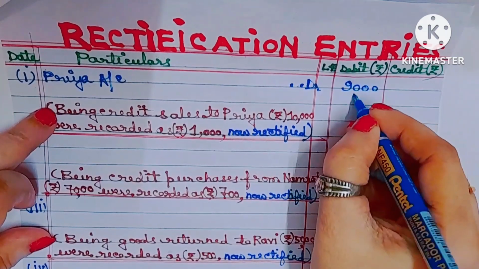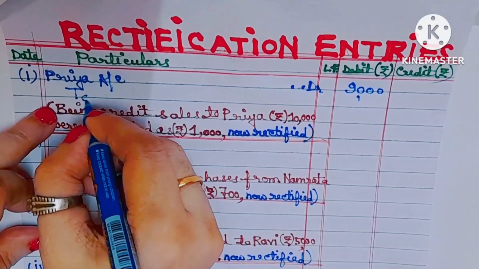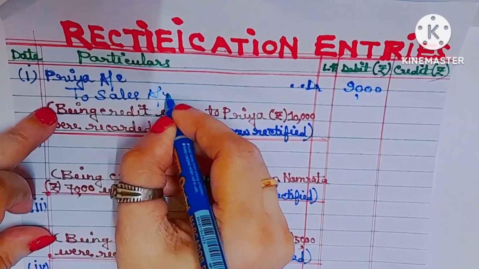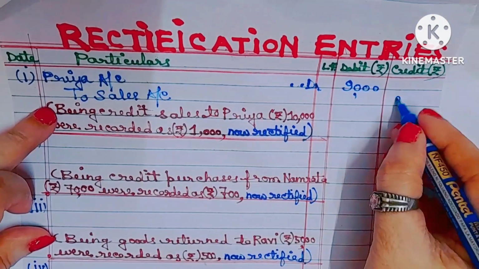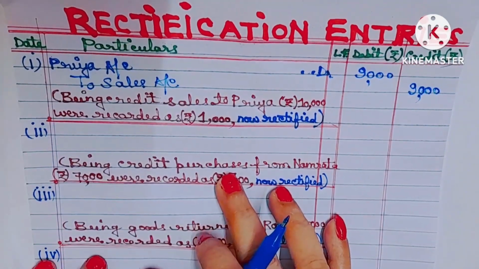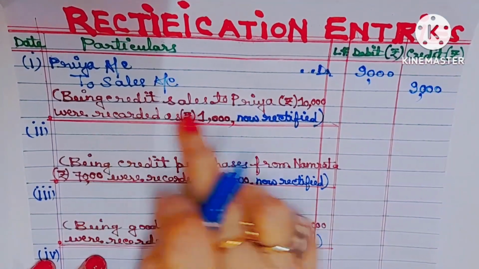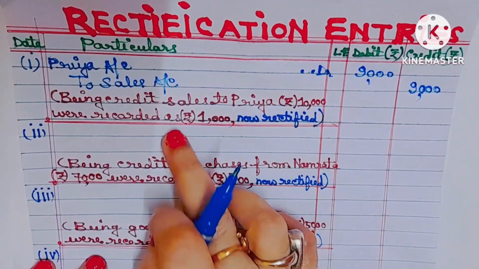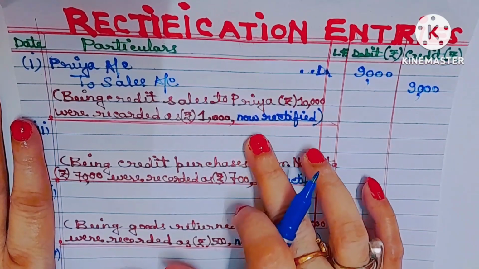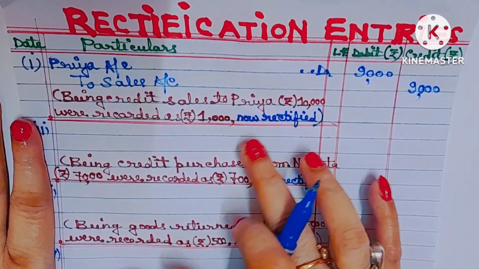Okay, to sales account 9,000. Okay, and you got to write the narration as well. Being credit sales to Priya rupees 10,000 were recorded as rupees 1,000, now rectified. You always have to add these two important words, now rectified, in the end.